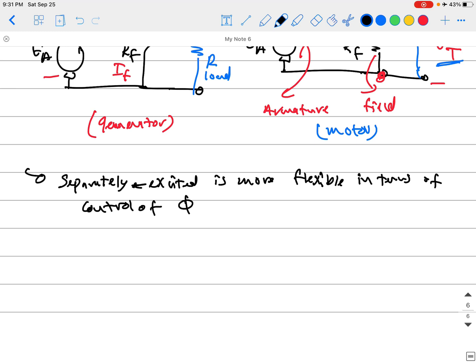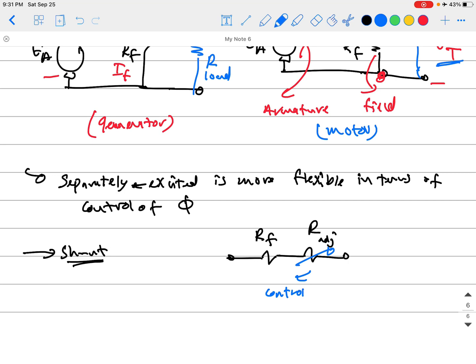What we usually do for shunt connection is add a variable resistor, a potentiometer, in series with the field winding. So this is our field, and that is our adjustable resistor. By controlling this adjustable resistor, this controls I_F, and this controls the flux phi.